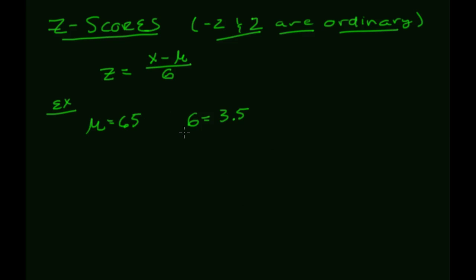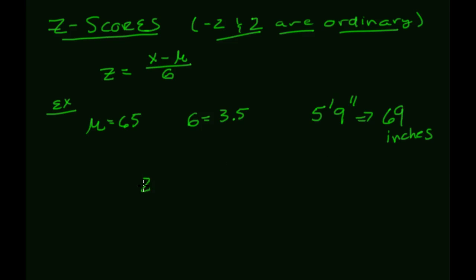So this is the distribution for all women's heights. So let's say that we have a woman who is 5'9" tall, which is a total of 69 inches. So let's figure out how odd that would be.